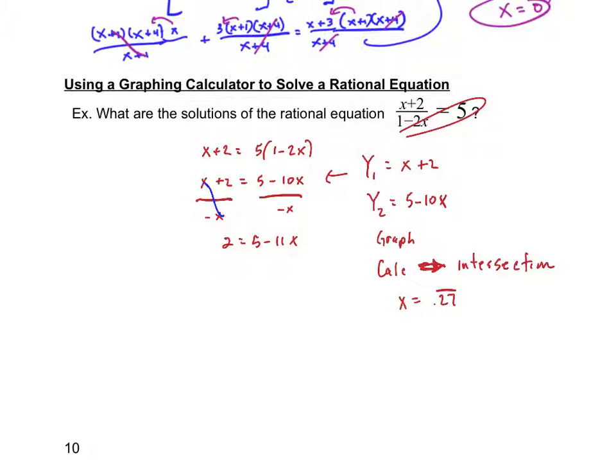And again, inverse operations, combining like terms, and that is going to give me negative 3 = negative 11x. Divide both sides by the coefficient, which is negative 11, and x is going to be equal to 3/11, or as I said earlier, 0.27 repeating. And there you go. That's the basics on solving rational equations.